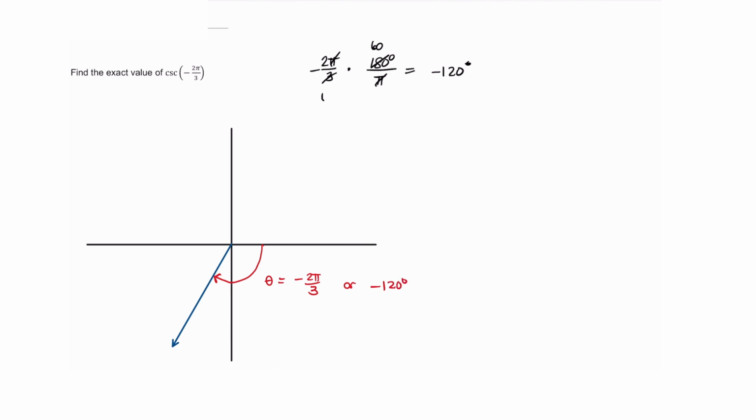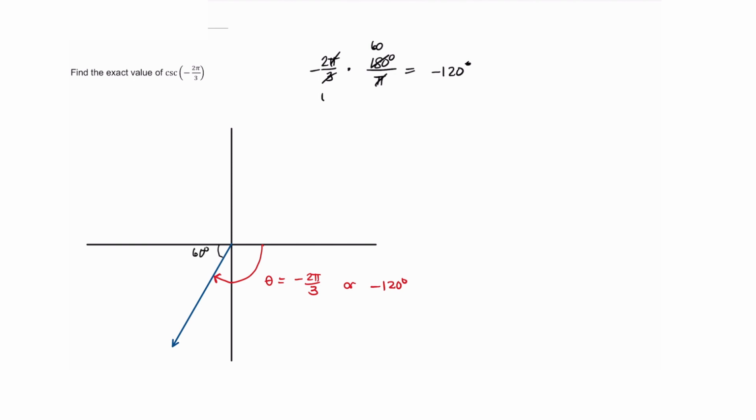So remember, the technique we use is the reference angle idea. The reference angle is the corresponding angle that our angle makes with one of the x-axes. It's an acute angle. Since this angle is 120 degrees from the positive x-axis, that means this is a 60-degree angle.